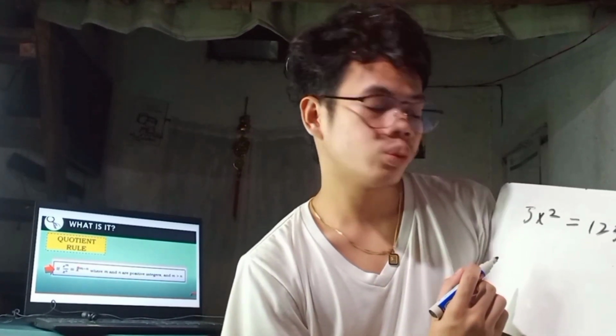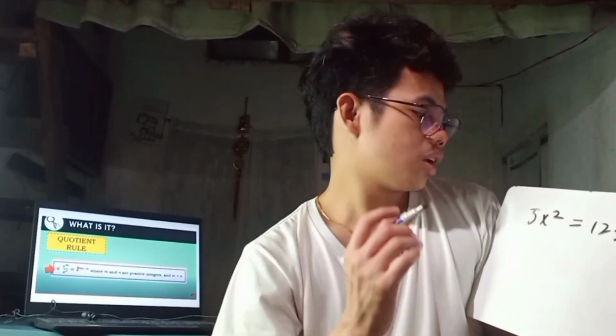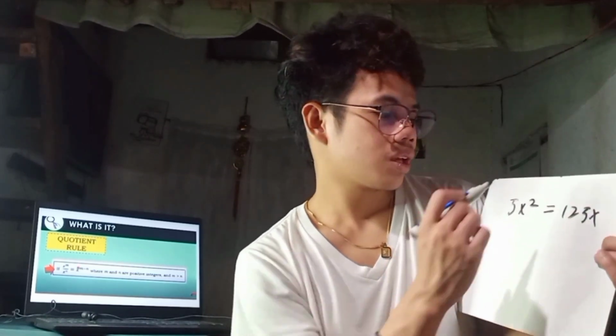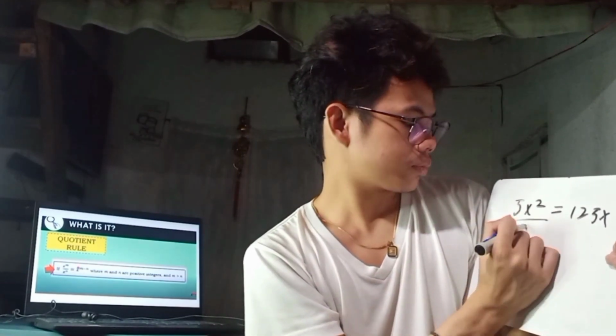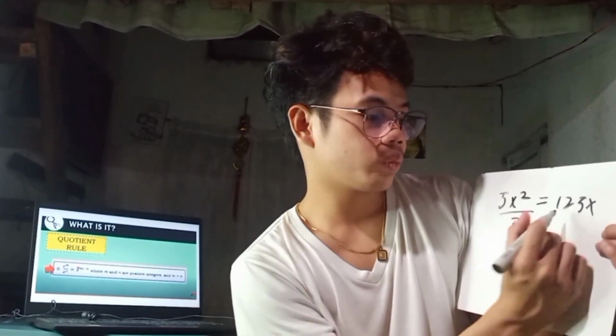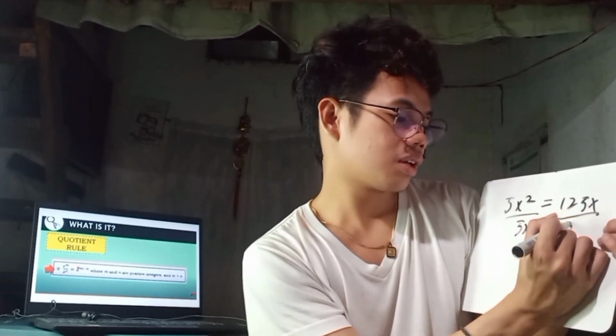In order to eliminate the 5x here, we have to apply the multiplication property of equality by multiplying it by 1 over 5x. Since we multiply it by 1 over 5x on both sides, it will become 5x squared over 5x. Same thing with the right side, it will become 125x over 5x. It is almost the same as dividing it by 5x.